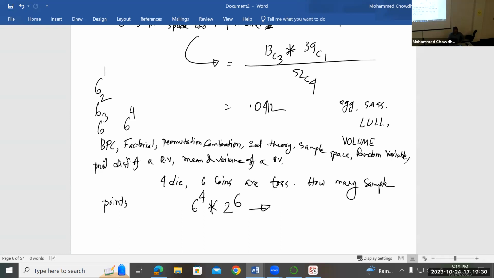And then today I discussed conditional probability, independence, right? These are the things I have discussed today: conditional probability, independence. And finally I solved a couple of problems, right?